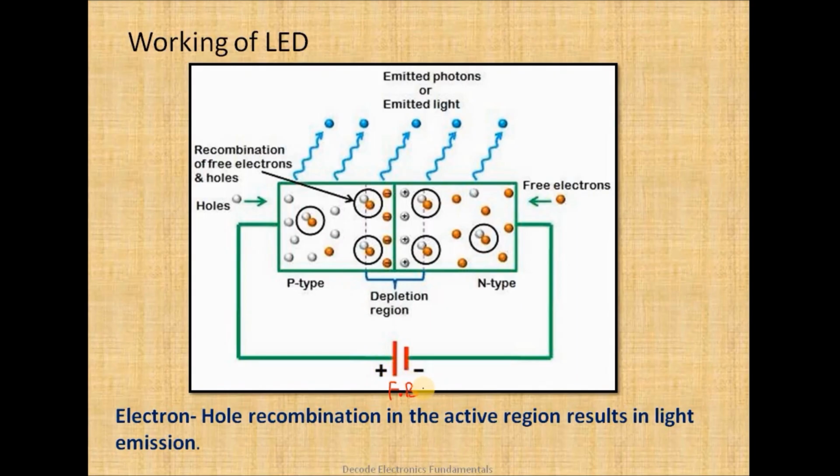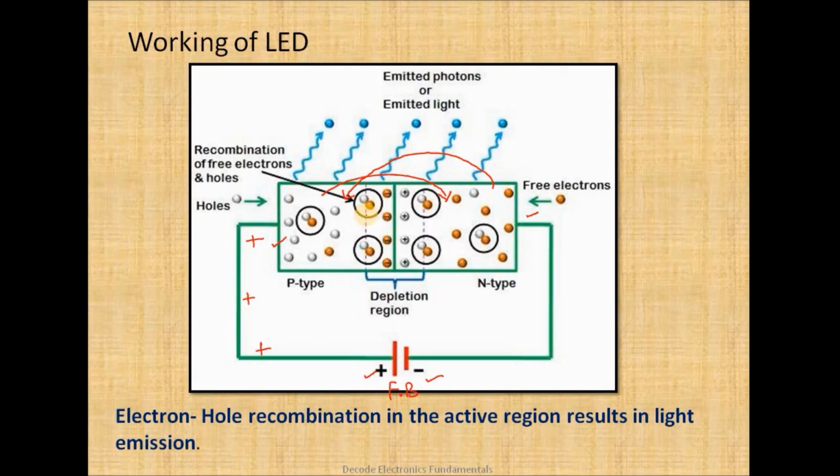When the light emitting diode is forward biased, which means the P region is connected to the positive terminal of the battery and the N region is connected to the negative terminal of the battery, due to the applied polarity, holes are forced to move from the P region to the N region, and similarly the electrons are forced to move from the N region to the P region.